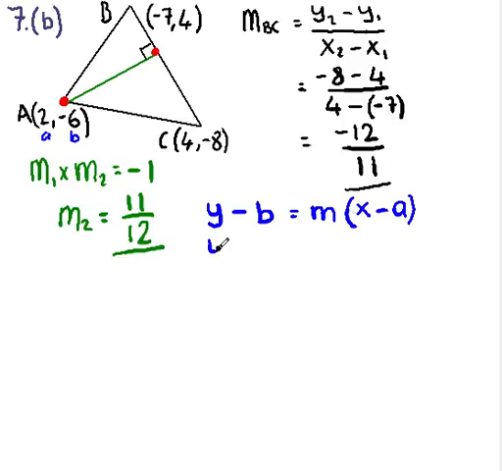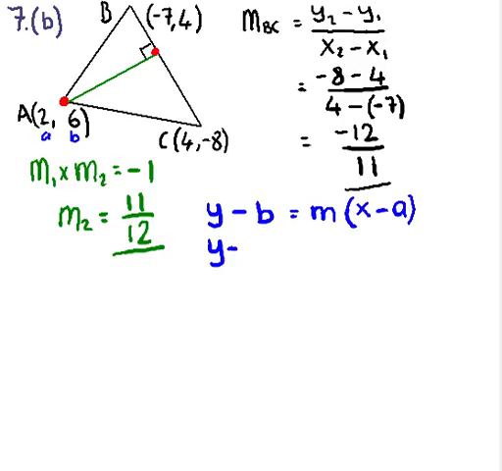So we have y minus b, which is y minus, and in fact, it's not minus 6 here. I've copied it down incorrectly from the sheet. So that actually should just be 2, 6. Fortunately, it hasn't interfered with anything we've done so far.